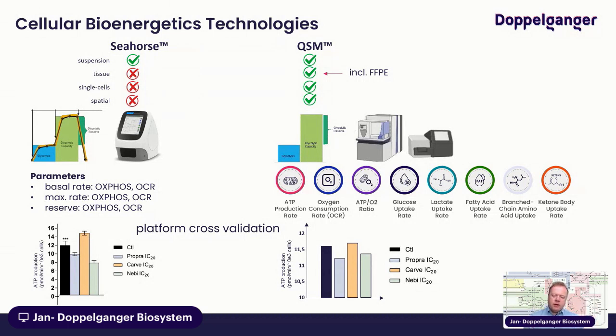Initially, we validated our platform against the Seahorse, because obviously this was the gold standard in the market. Here below, you see an experiment where a cell line was drugged with 3 different compounds, and you see that the results are basically identical.